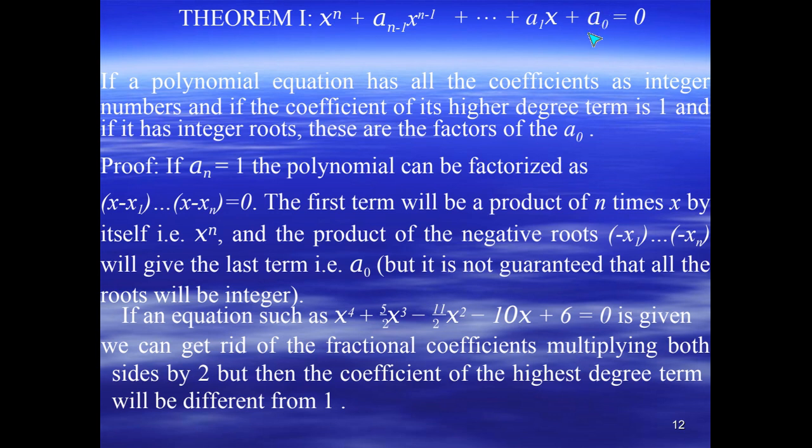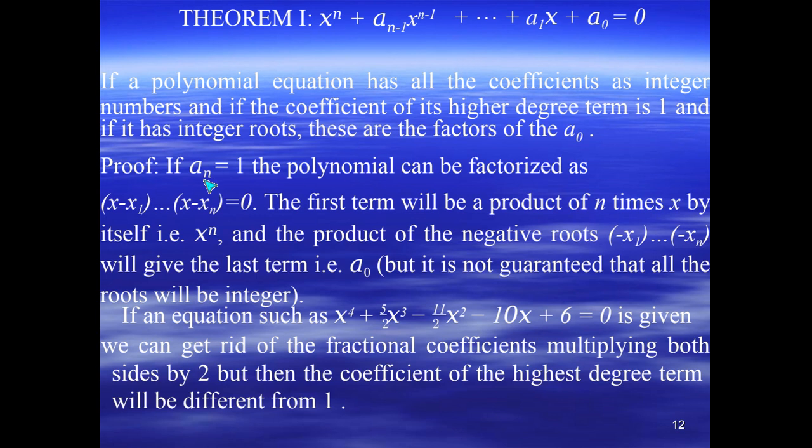So we will take the integer divisors of a0, and search for the roots of this equation among the divisors, the prime divisors of a0 rather. But we should try both the positive and negative divisors.